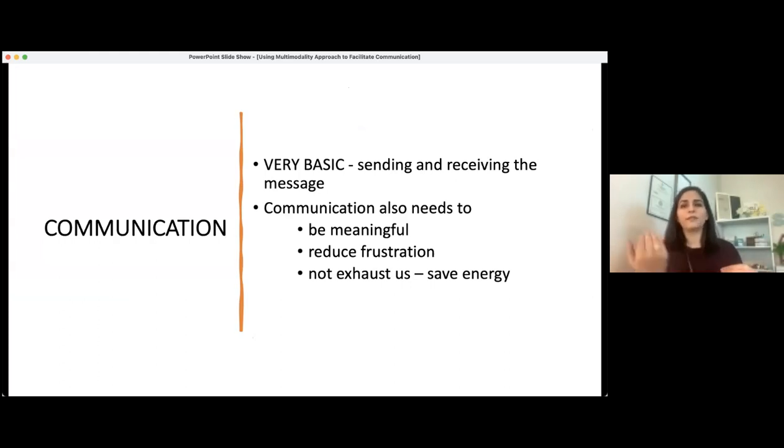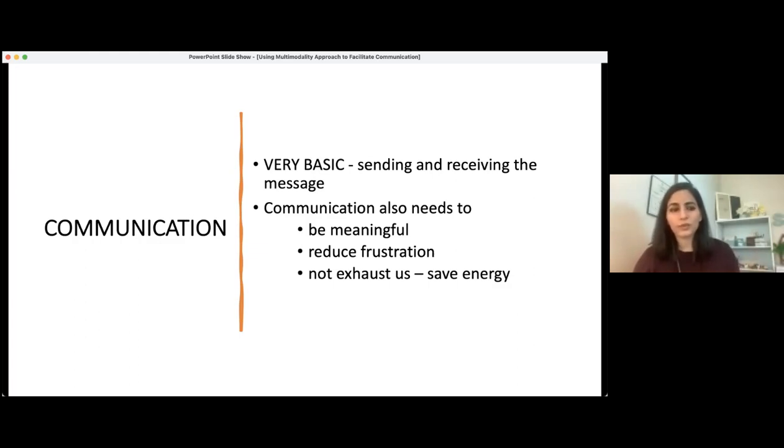And then after that, we reply or we present or express. But sometimes when we are working with our kids or even with our clients, we have to be mindful of the fact that the communication needs to be meaningful.